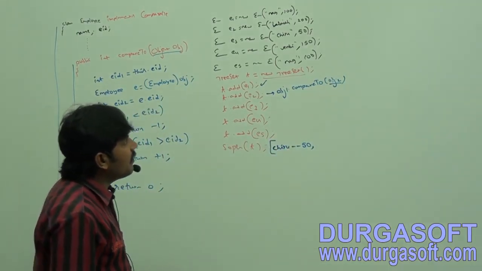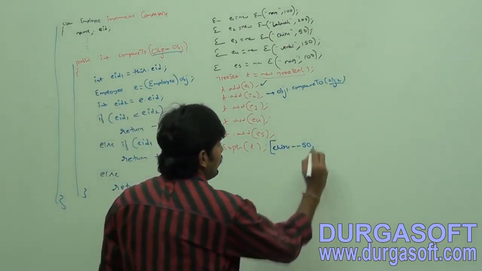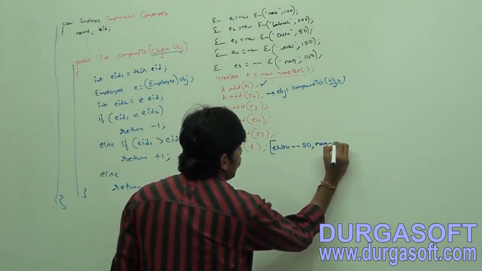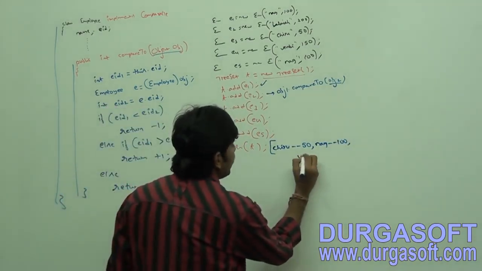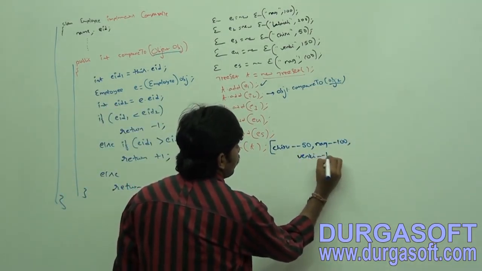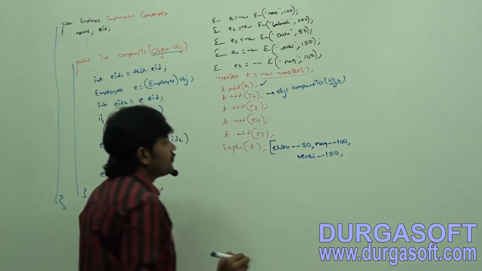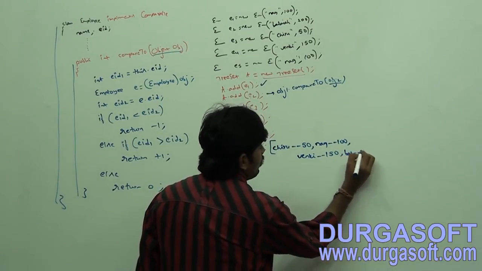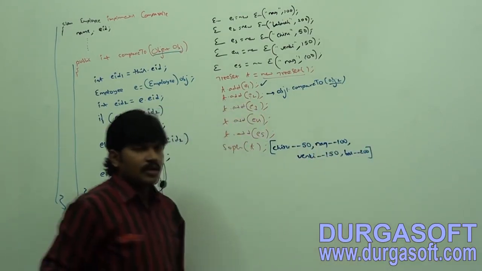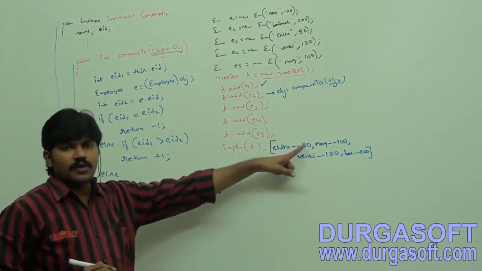Who is the second? Nag-100. Who is the next? Venki-150. Who is the next one? Balaya-200. Are you able to get it? This is the output we get by default.